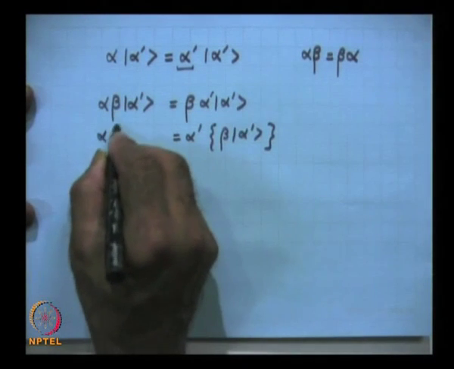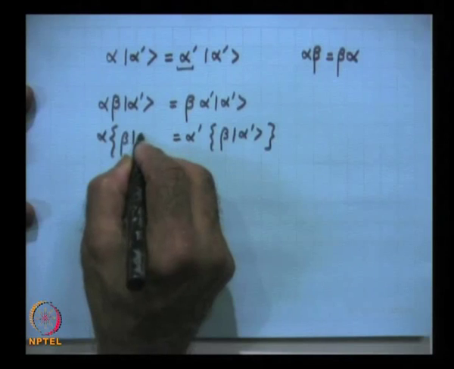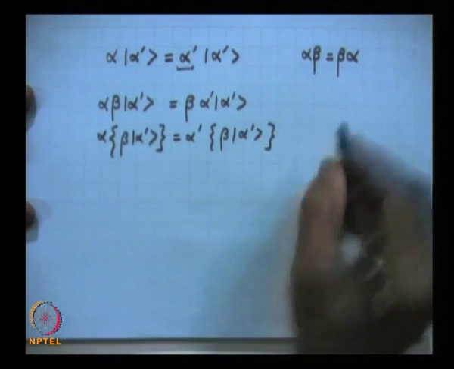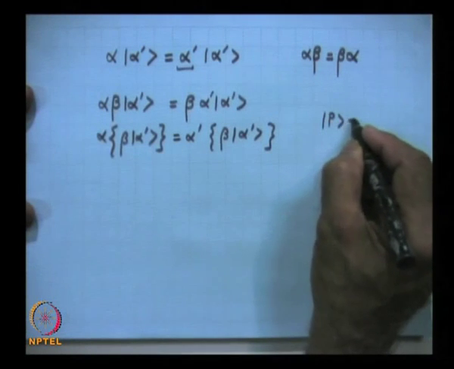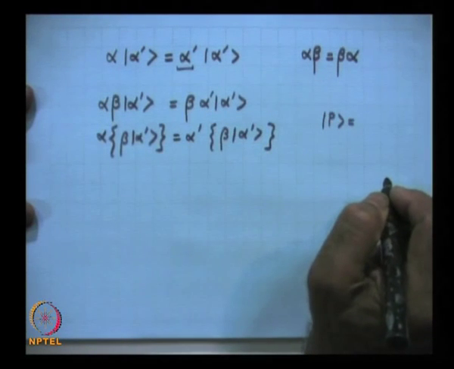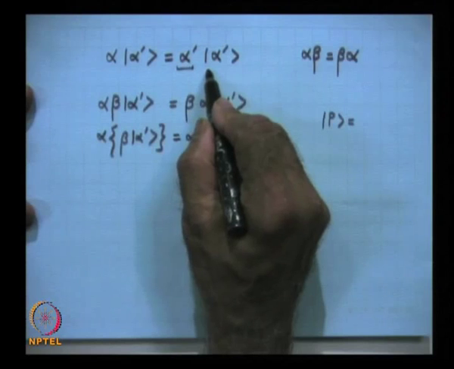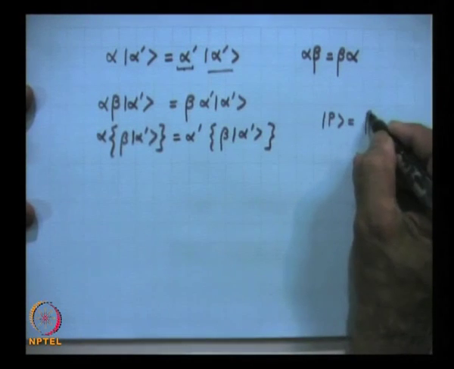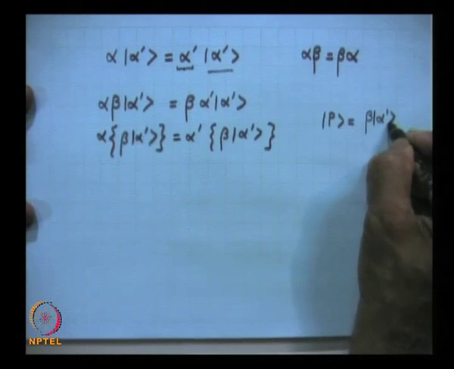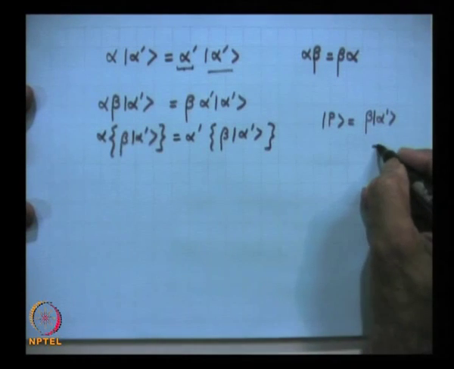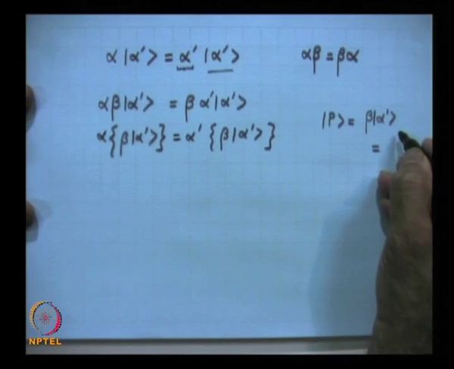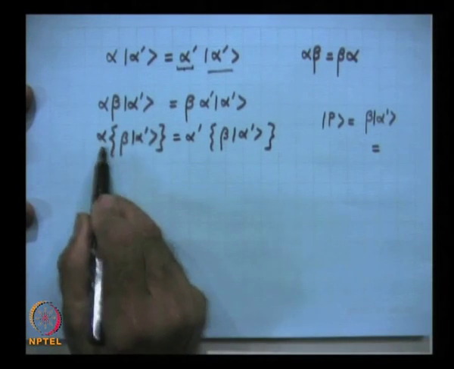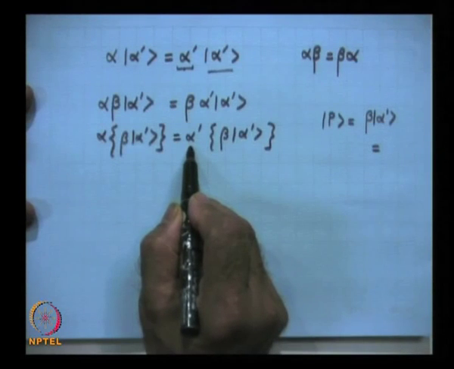So, then we said that the ket given by beta ket alpha prime, if this is a non-degenerate eigenvalue, must be a multiple of ket alpha prime, because this is an eigenket of the operator alpha belonging to the same eigenvalue alpha prime.